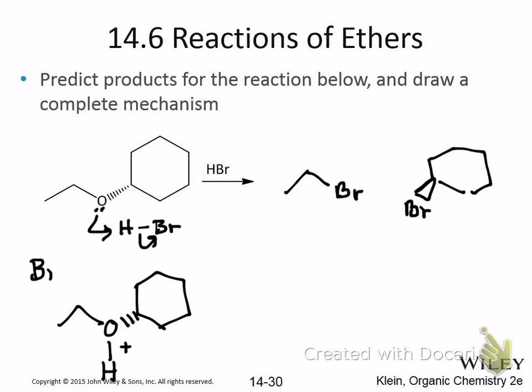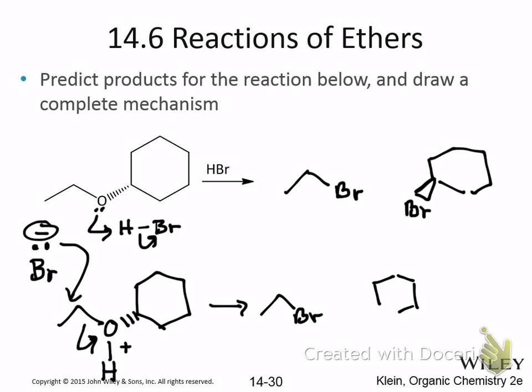And then the bromide will attack. So the first product is this, plus cyclopentyl alcohol.